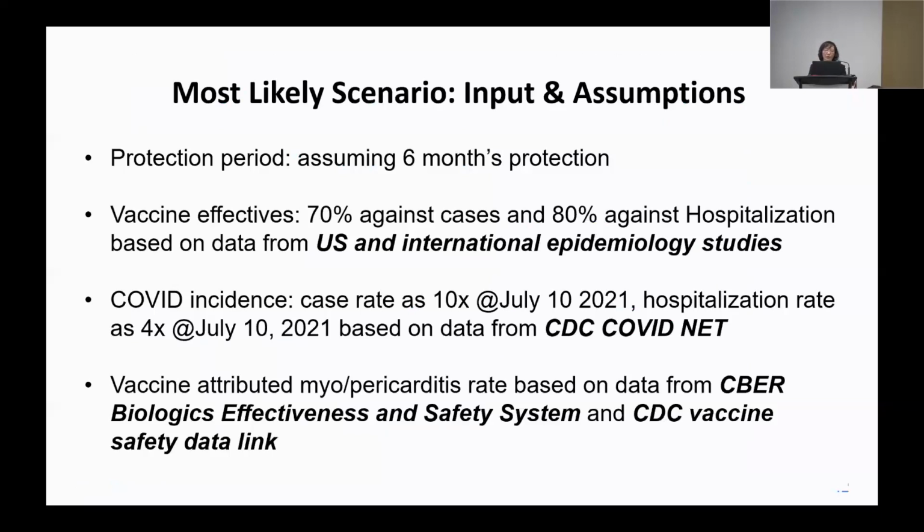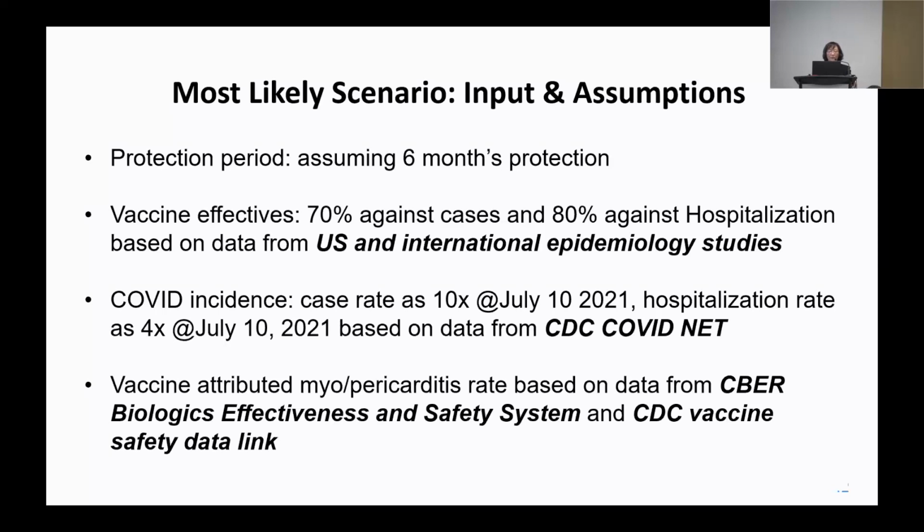We structured 7 scenarios to examine different uncertainties, including uncertainty on the disease incidence, uncertainty on the effectiveness of the vaccine, and uncertainty about the rate of myocarditis cases. Here I only present the most likely scenario. So here is a summary of our assumptions.